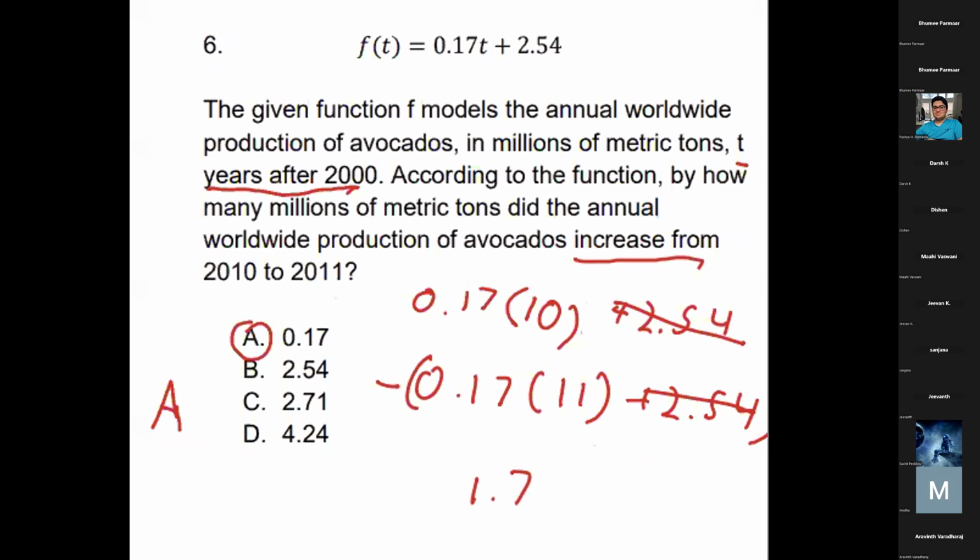Well, I guess a simpler way to do this would be, x times 10 minus x times 11 would just be x, right? So that would just be 0.17. Let's say 0.17 is x, so 10x versus 11x would just be the difference of x, right? So x in this case would be 0.17. I guess that's doing it the long way.